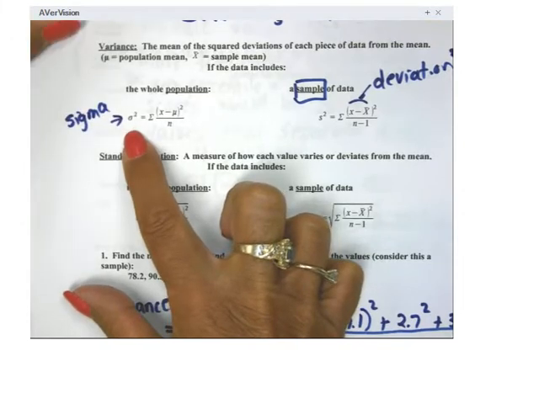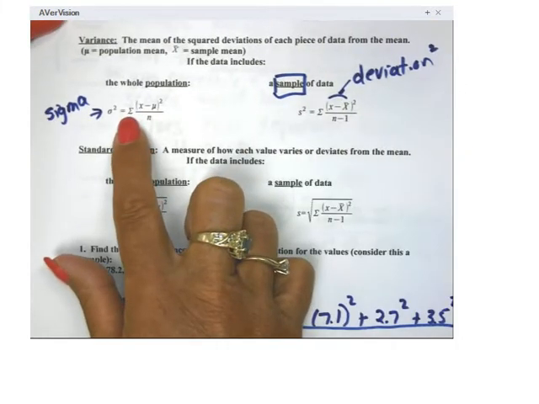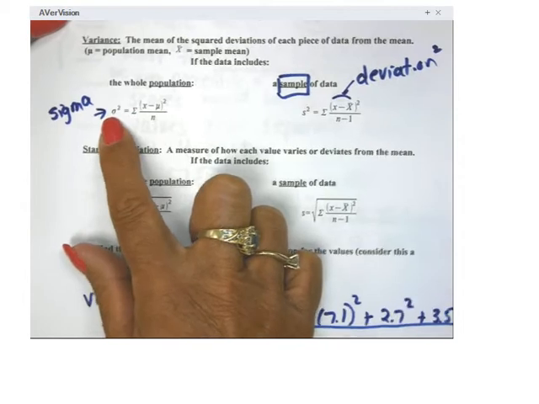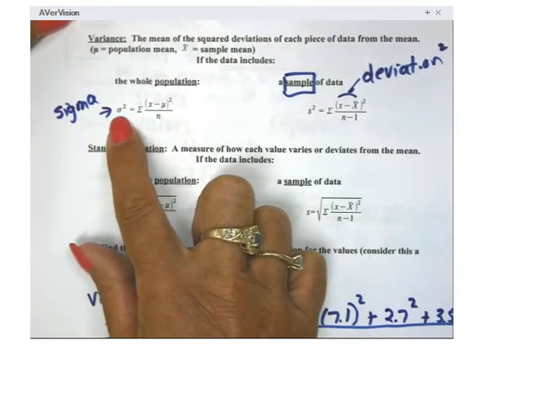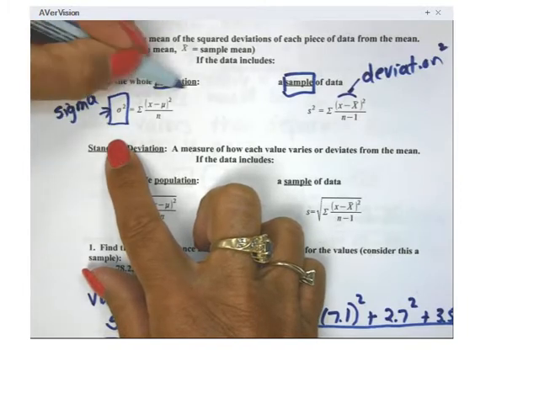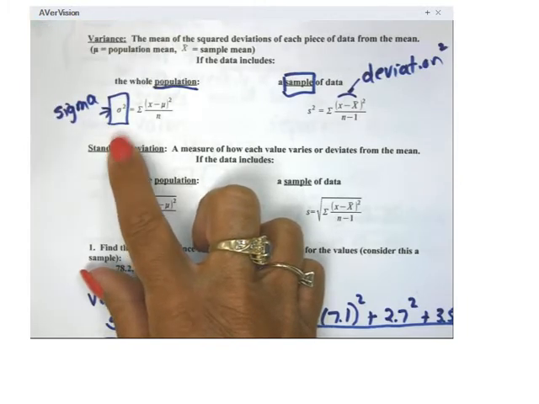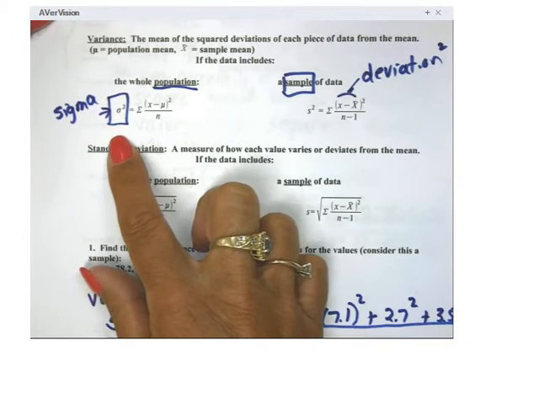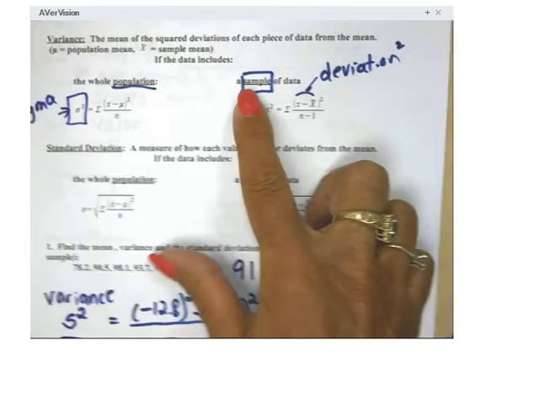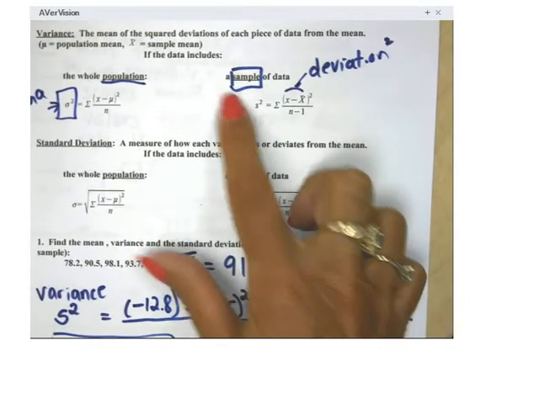This is called a sigma. Now, this notation here is also called sigma. That's a capital sigma, that's a lowercase sigma. And this sigma squared shows that this is the population variance. If we had every single number in the data set, then we would be finding a population variance.